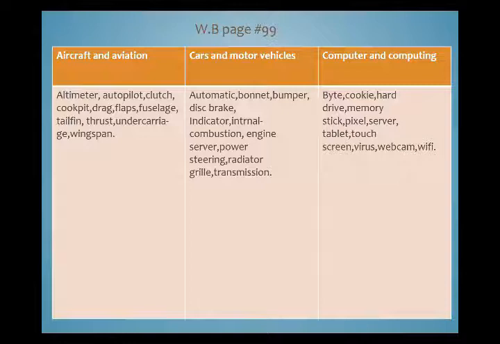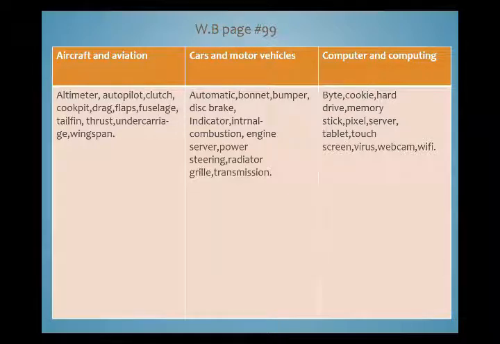So first is aircraft and aviation. We will write here altimeter, autopilot, clutch, cockpit, drag, flaps, fuselage, tailplane, tailfin, thrust, undercarriage, and wingspan.